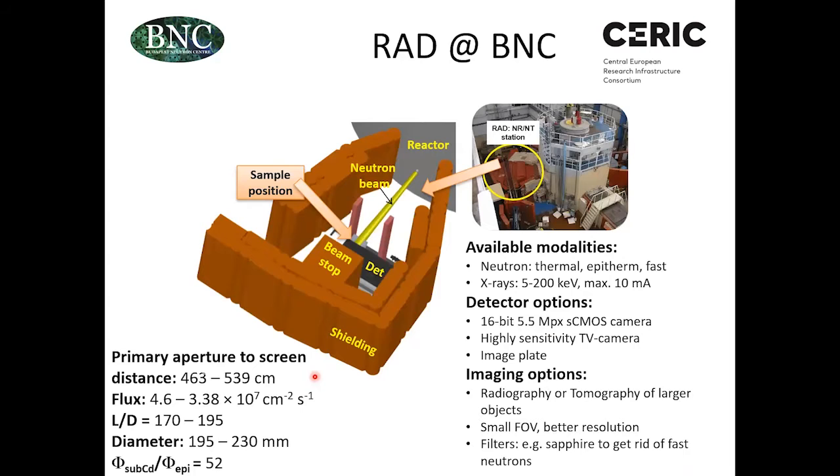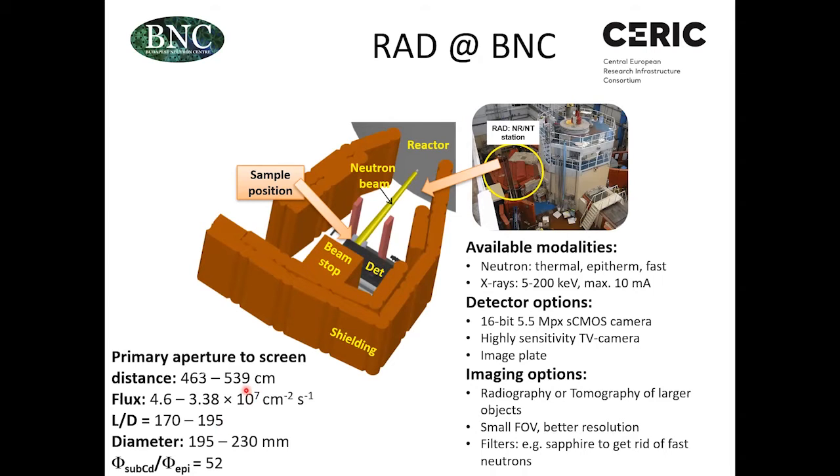The technical background is as follows. So this is the radiography station. We have the neutron beam from the reactor, and this is not a guided beam of neutrons, but the neutrons just fly in the open air until the sample. And we have a downstream detector which records the shadow image.